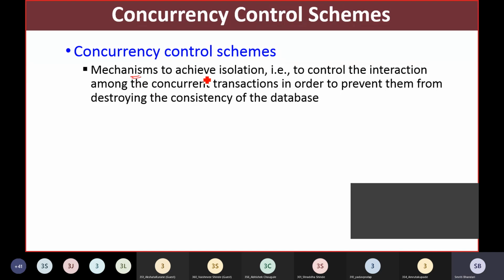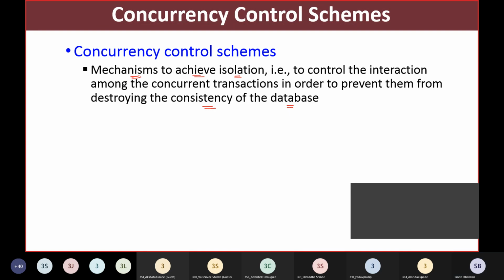So, what do we mean by concurrency control schemes? These are the mechanisms to achieve isolation. That is, to control the interaction among the concurrent transactions in order to prevent them from destroying the consistency of the database. So if we allow the transactions to perform in an uncontrolled way, then we may face certain problems and those result in an inconsistent database.